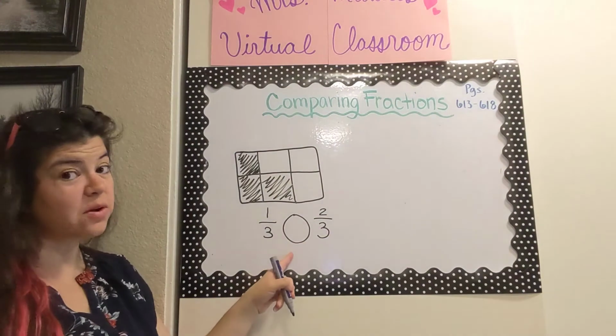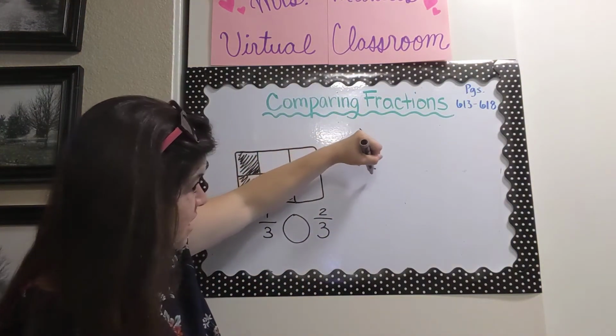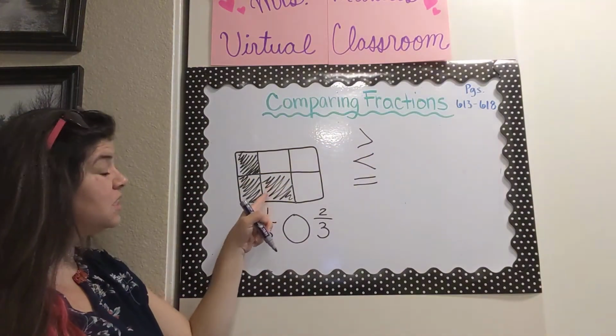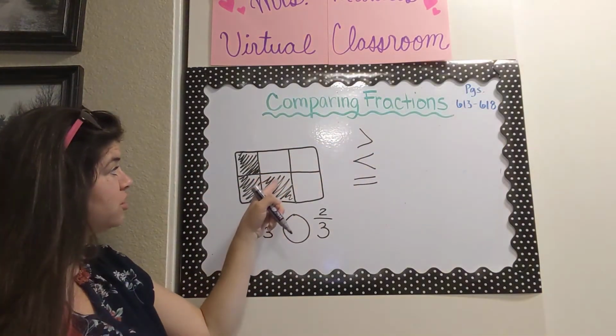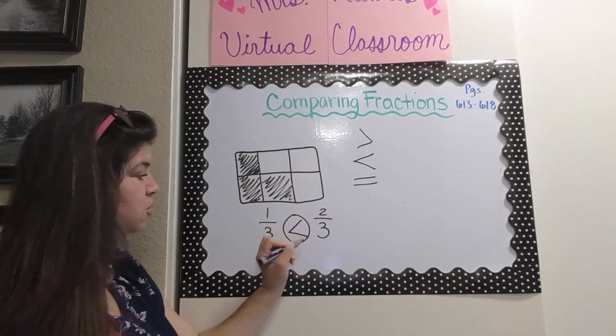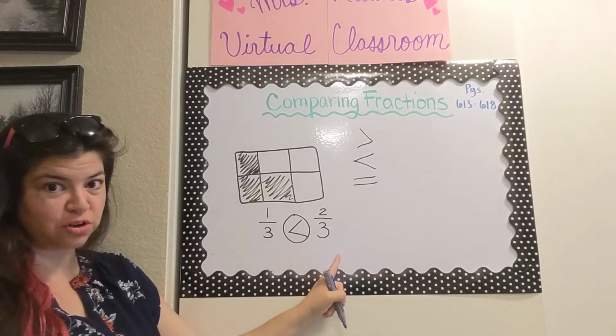So here we go. They want us to use the greater than, less than, or equal sign. So we look here and we see clearly 2/3 is greater than 1/3. So we're going to use the less than symbol, and this is red. 1/3 is less than 2/3.